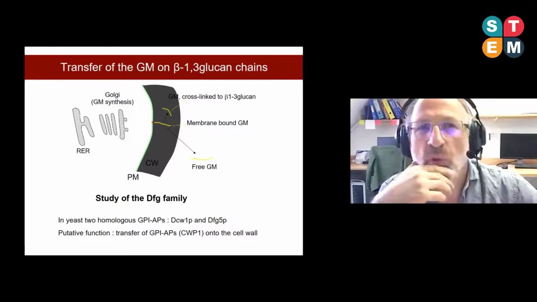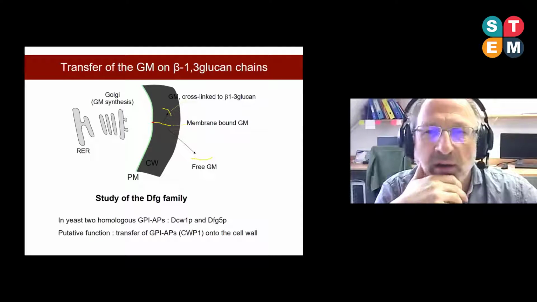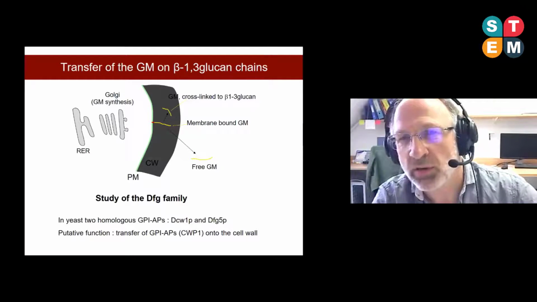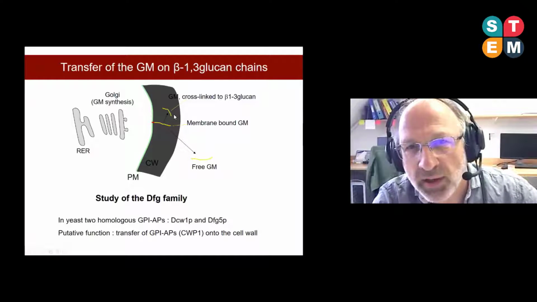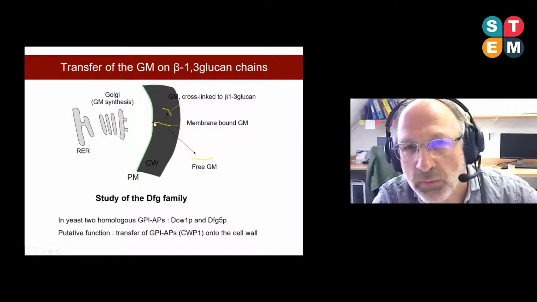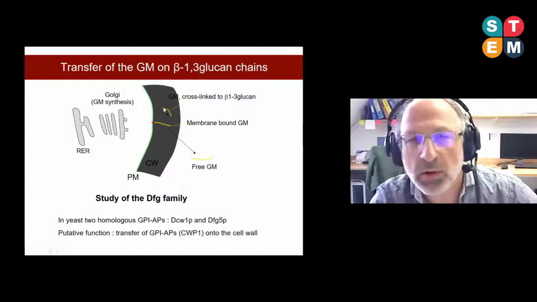The two others are the beta-1,3 glucan and chitin. And we also looked at the proteins that are involved in the cell wall localization of the Galactomannan. As I already presented, a part of the Galactomannan is cross-linked to the beta-1,3 glucan, suggesting that there is an enzyme involved in the transfer of the membrane-bound Galactomannan to the cell wall.